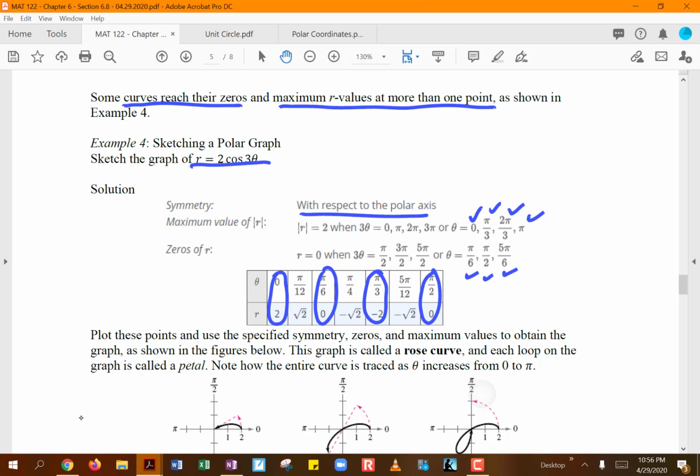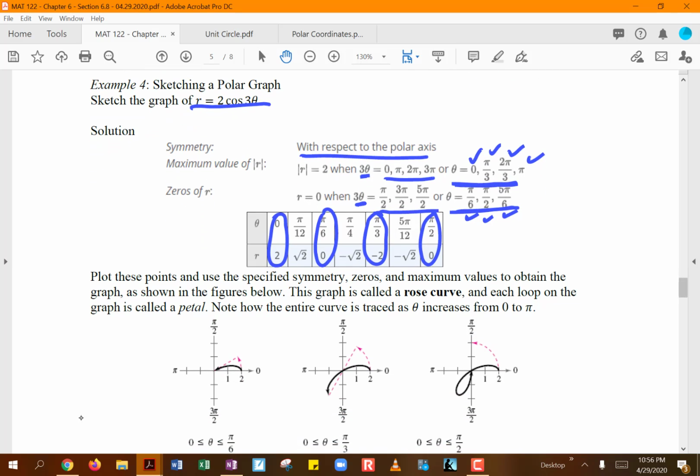If you actually just go ahead and take these angle measurements over here and multiply each of them by 3 to get your 3 theta, you would come up with these numbers over here. This is just to show you the matching for the 3 theta, which is given to you in your equation, but you don't really have to do that as long as you have your values for theta, like we do here.